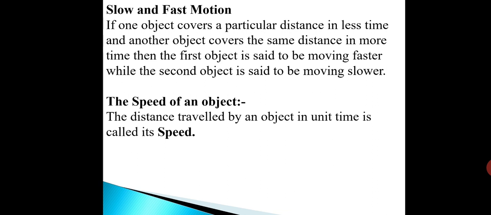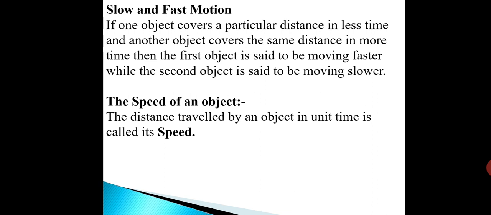If one object covers a particular distance in less time, and the other object covers the same distance in more time, now which one will move faster and which one will move slower? The one which is covering a distance in less time is moving faster, and the one which is covering the same distance in more time is moving slower, right?